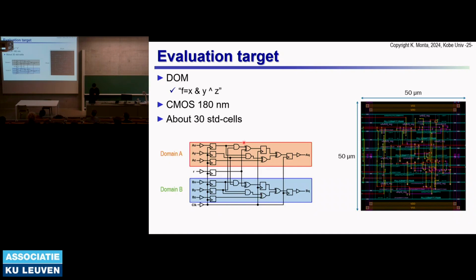I implemented this simple function with second order domain oriented masking, using CMOS 180 nanometer circuits, and this is the layout. After the layout, I used SPICE simulation to evaluate the power current inside the IC chip and evaluate the leakage.